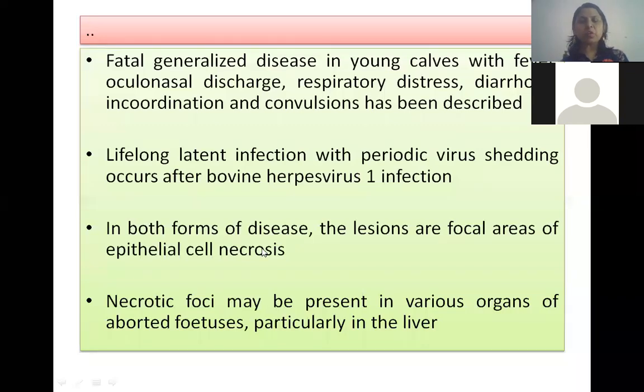In both forms of the disease, lesions are focal and epithelial cell necrosis is seen. And in the aborted fetus, necrotic foci are present on various organs, particularly on the liver.